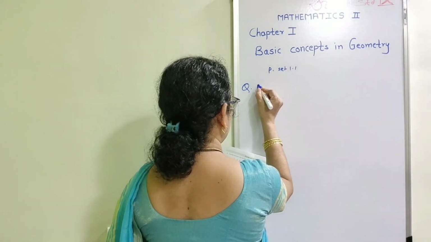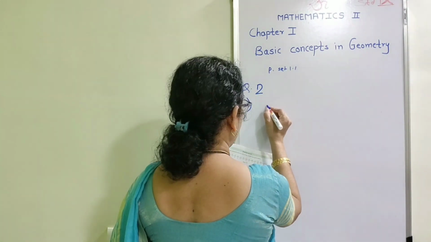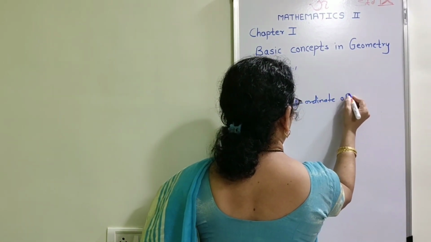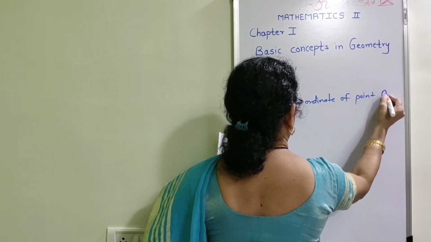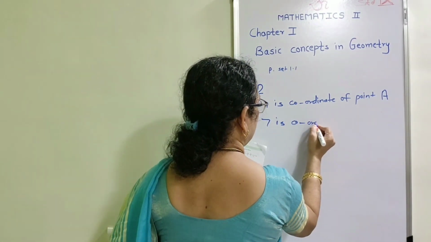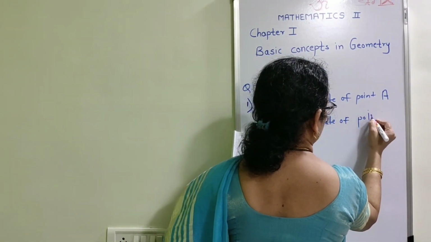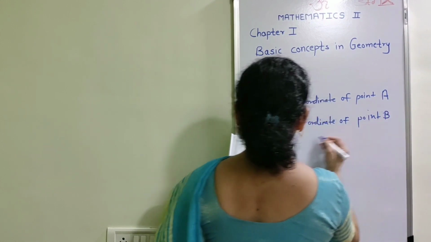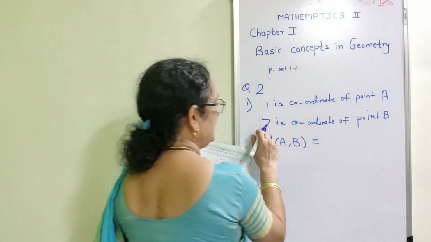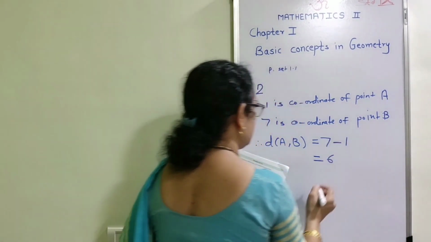First example from question number 2: 1 is the coordinate of point A and 7 is the coordinate of point B. And therefore distance AB is equal to, now between 7 and 1, 7 is greater. 7 minus 1, your final answer is 6.